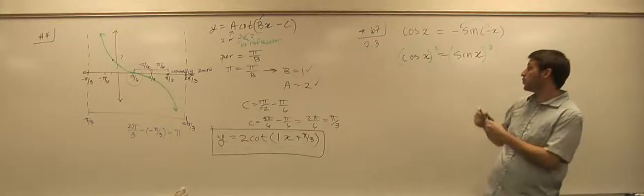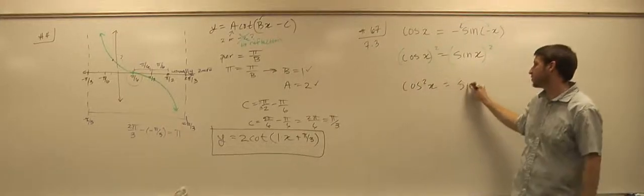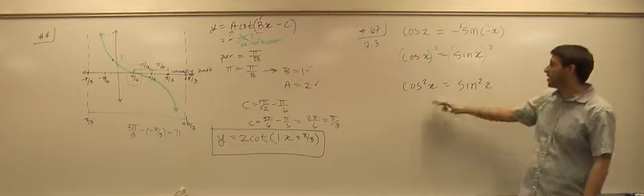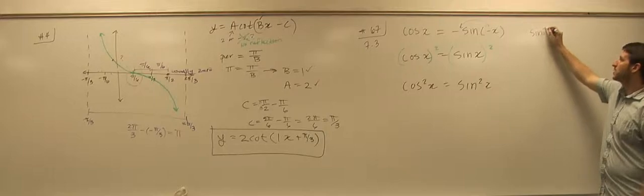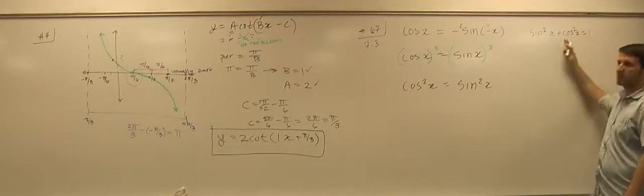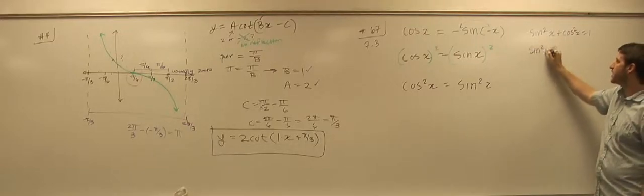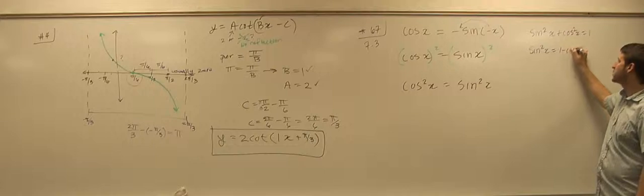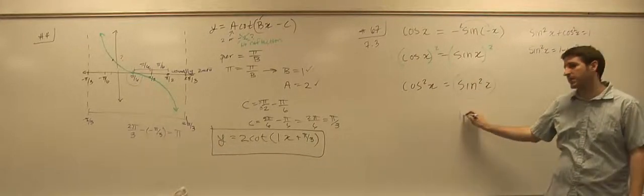The reason I'm doing that is because I have an identity for cos squared or sine squared. Back in my Pythagorean identities, sine squared x plus cos squared x equals 1. So I can say, for example, sine squared x equals 1 minus cos squared x. So then in here for sine squared x, I can replace it.